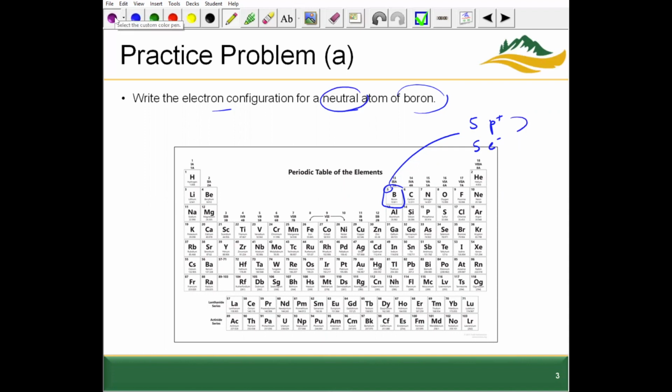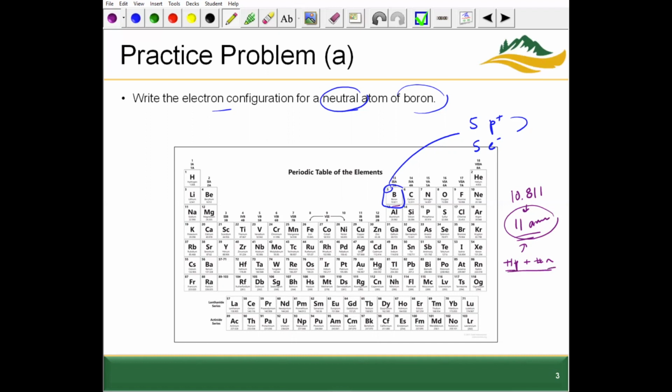For a review, let's also figure out the number of neutrons. We haven't done that in a while. So its atomic mass is 10.811. We can round this up to 11 AMU just for the sake of figuring out a whole number of neutrons. So we know that is going to be the number of protons plus the number of neutrons, because this reflects the mass, what's in the nucleus, just protons and neutrons.